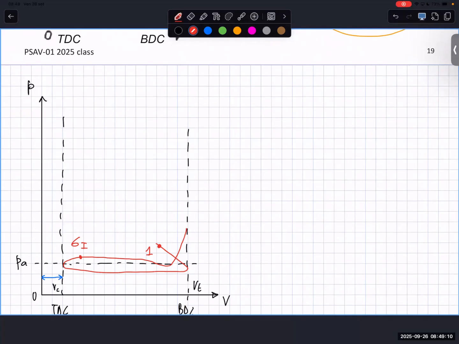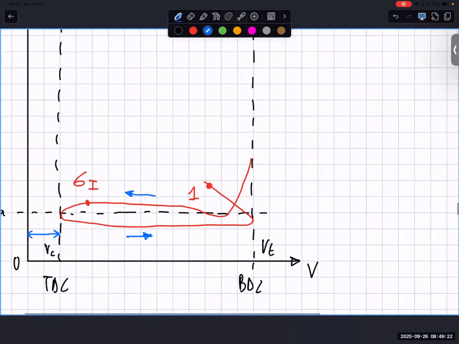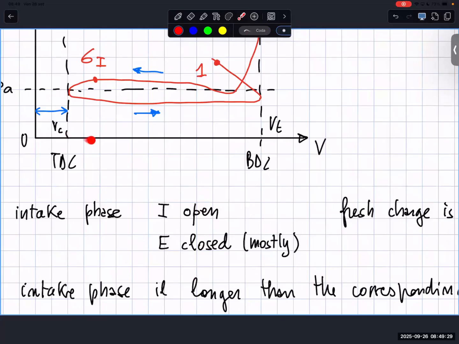So you can check that this diagram will be considered in this direction. Here you can check that the intake stroke will be from TDC to BDC, while the phase will be longer because it starts before reaching the TDC.